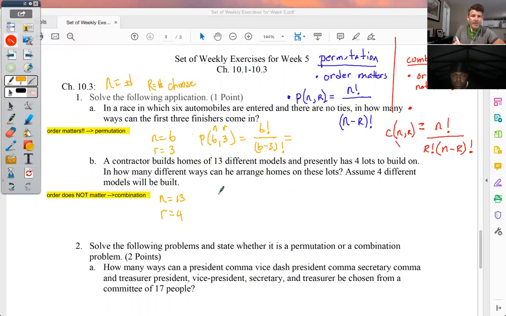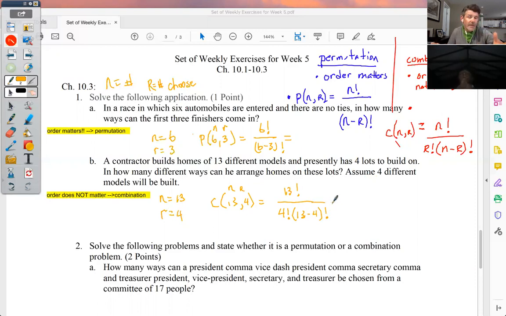On the next one, it would be C13,4. And so we plug those in. Remember, this is our N and this is our R. Looking at our combination formula, that would be 13 factorial over 4 factorial times 13 minus 4 factorial.